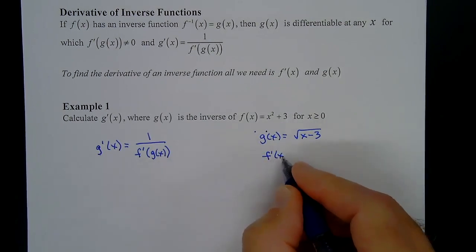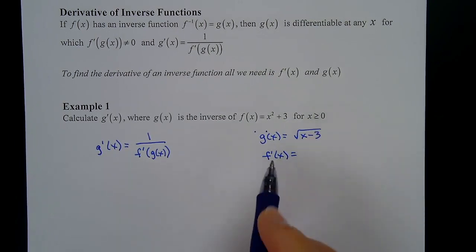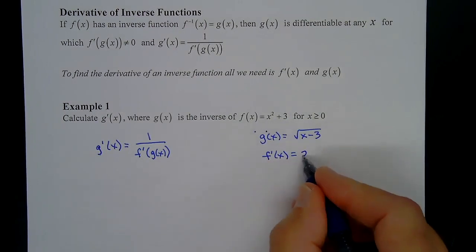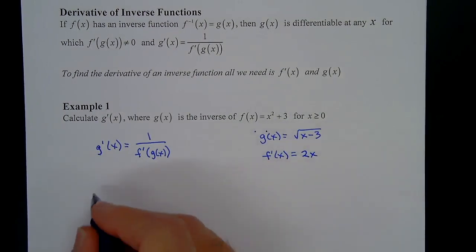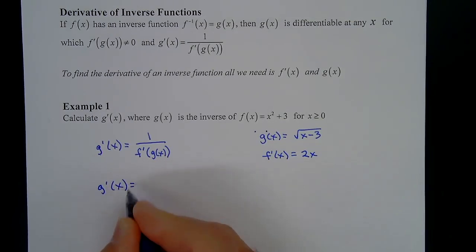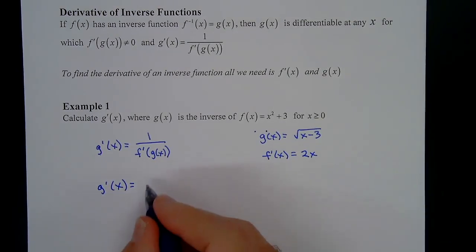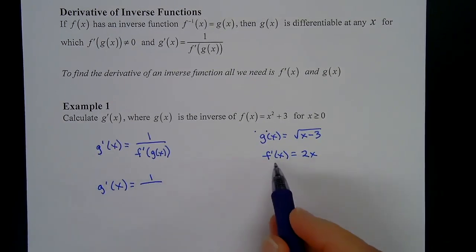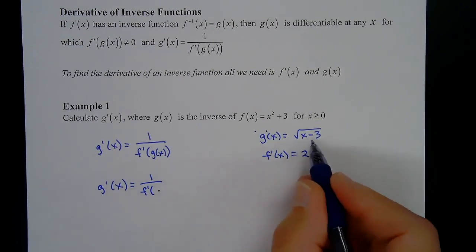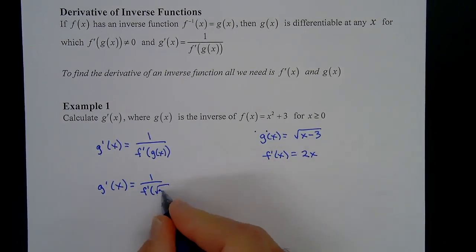So f prime of x would equal, what's the derivative of f? Well, it would just be 2x plus 0, or just 2x. So that means g prime of x is equivalent to 1 over f prime of g of x, right? And g of x is the square root of x minus 3 function.